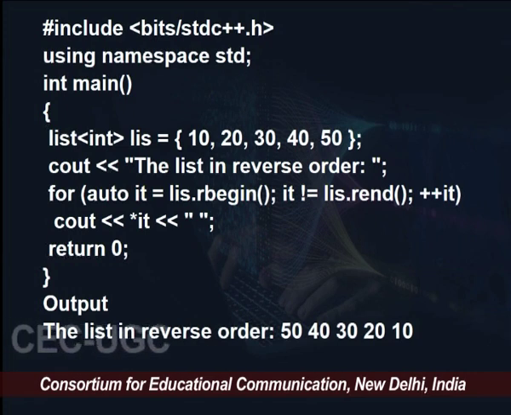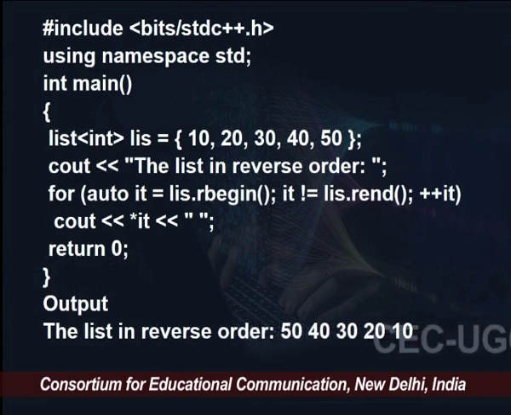Now, using rbegin, we can print this list in reverse order. For this we have a for loop: for auto it, the iterator returned by lis.rbegin, while it is not equal to lis.rend, ++it, and the asterisk of it is to be printed.